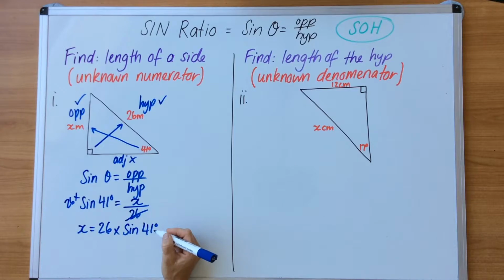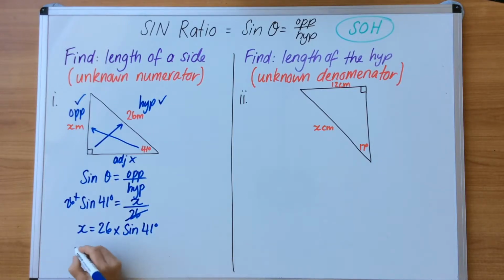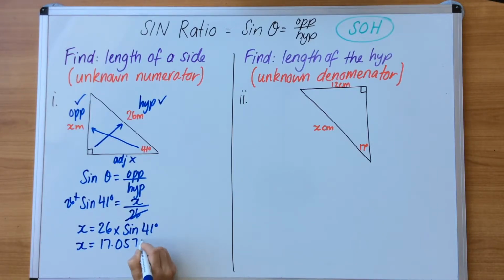And in our calculator it looks like this. 26 times sine button 41 equals, and we get a number of 17.05753475, and in this case I'm going to round to one decimal place.